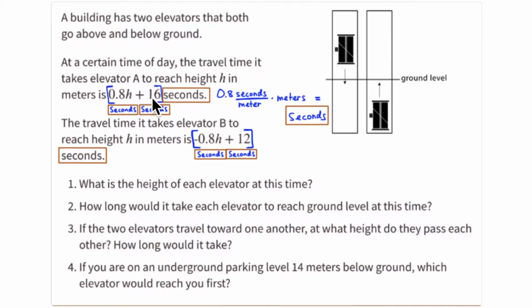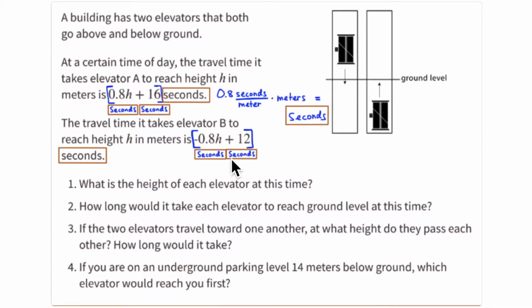A height of 0 is going to take 16 seconds. When height is 0, 0 times 8/10 is 0, it's going to take 16 seconds. So if the height is 1 meter, it's going to take more time than that 16 seconds to get to that 1 meter. So this has to be elevator A. Elevator A is going up, and elevator B is going down.